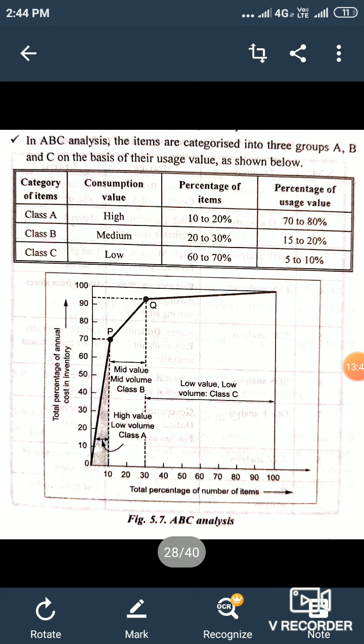In the B class item, after 10 percentage a 20 percentage is added, and in y-axis after 70 percentage a 20 to 30 percentage. Sorry, in y here a small error is there. We can add only 15 to 20 percentage, but more than 20 is added here.